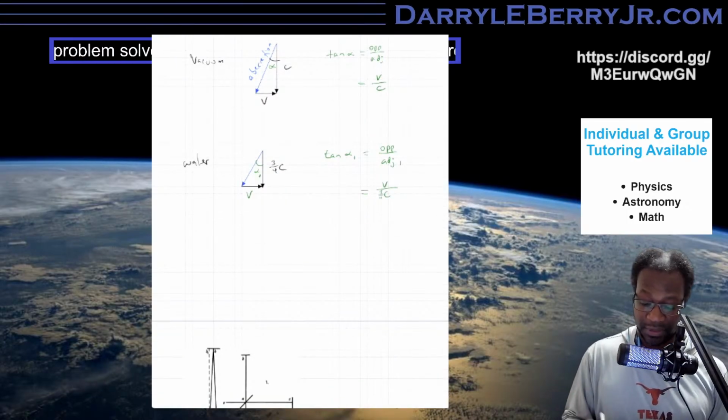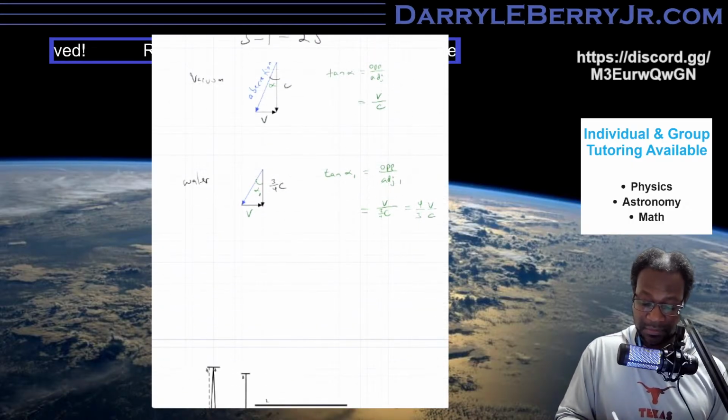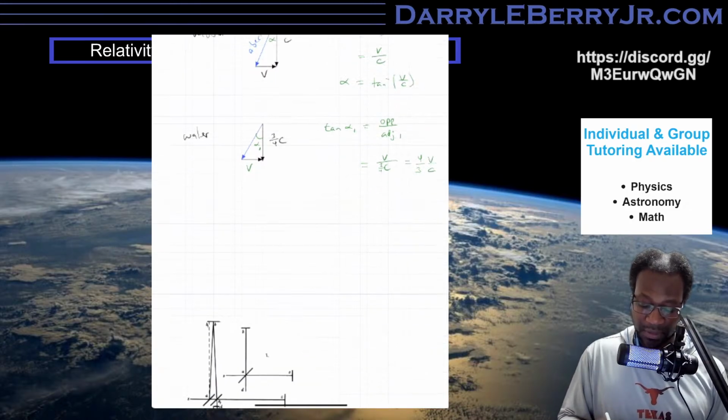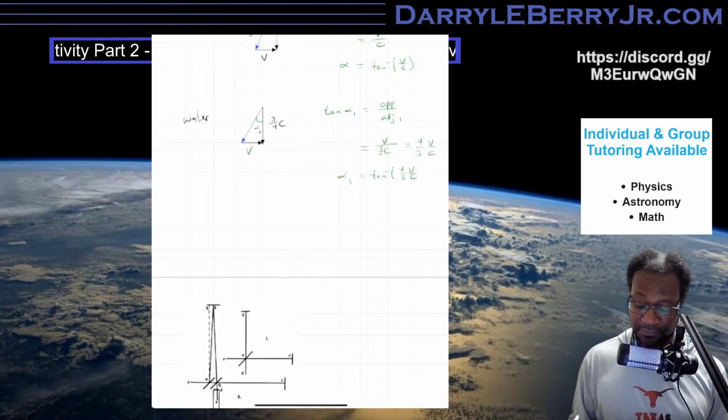Since the 3/4 is in the denominator, it becomes 4/3 V over C. So that means that here, alpha equals the inverse tan of V over C. And on this one, alpha 1 equals the inverse tan of 4/3 V over C. Right? So that's where that's coming from.